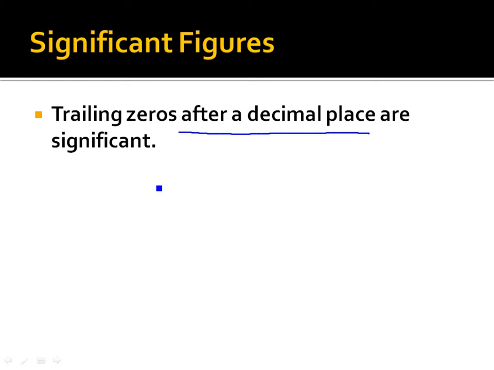So if we look at this number, we would see that we have 3 zeros, whether it's 4, 2, however many zeros that are after a decimal point. These are going to all be significant. So we would have 6 significant figures.